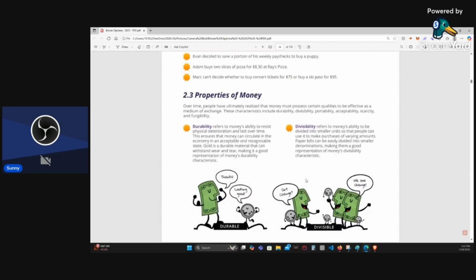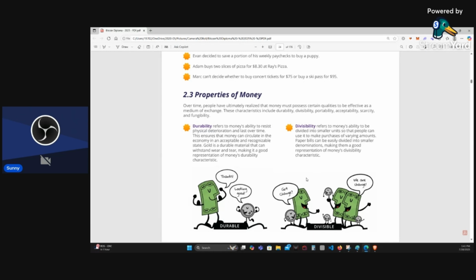So again, durability refers to money's ability to resist physical deterioration and last over time. Something like cigarettes wouldn't be good money because that would deteriorate. This ensures that money can circulate in the economy in an acceptable and recognizable state. Gold is a durable material that can withstand wear and tear, making it a good representation of money's durability characteristic.